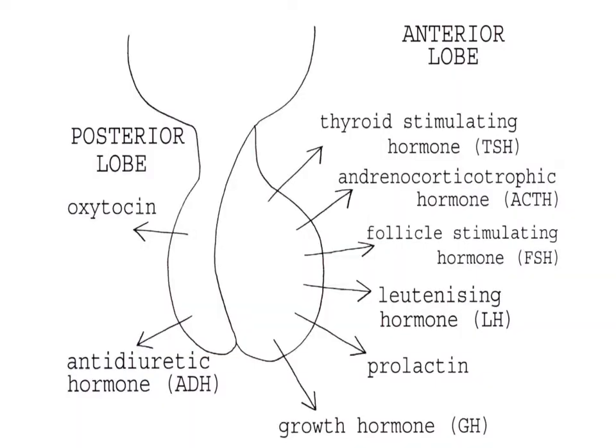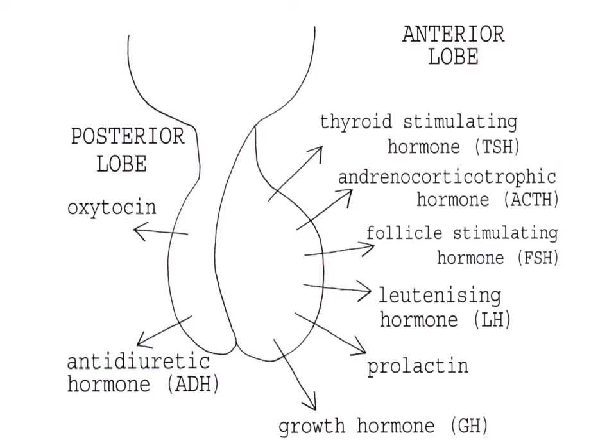Well, as we see, the posterior lobe of the pituitary gland is only producing two hormones, oxytocin and the antidiuretic hormone. Now, oxytocin has two main functions.